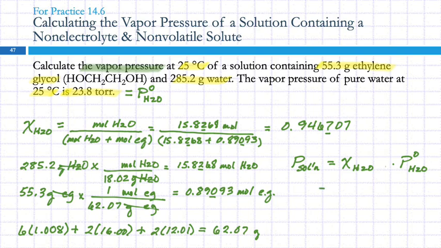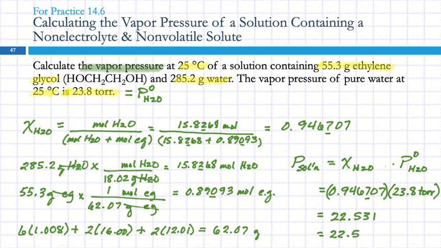So the pressure of our solution is the mole fraction of water times the pressure of the pure solvent. That comes out to about 22.5 torr.